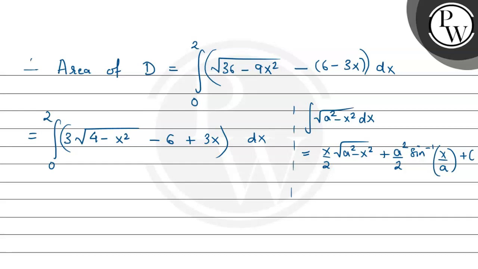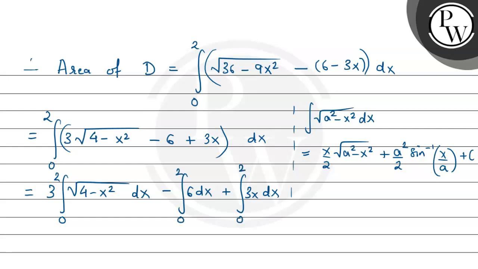And now we will use this formula. So this integration will be equal to 3 times integral of 0 to 2 square root of 4 minus x squared times dx minus integral of 6 times dx plus integral of 3x times dx. Limits 0 to 2. Here again 0 to 2. Now let's evaluate the integral.